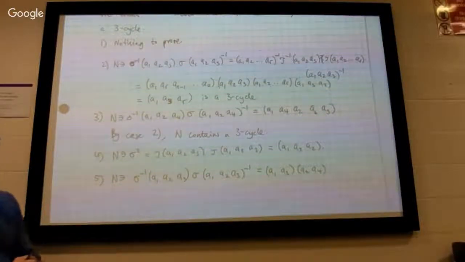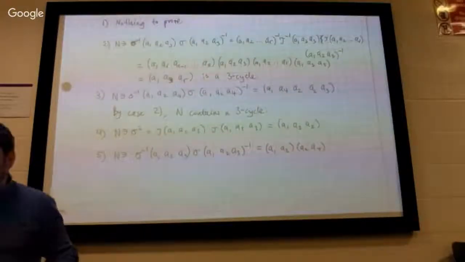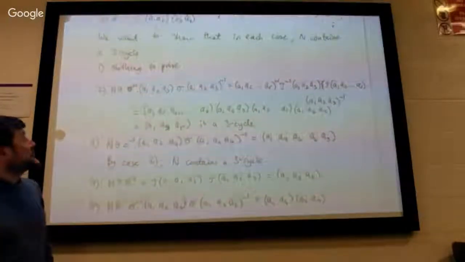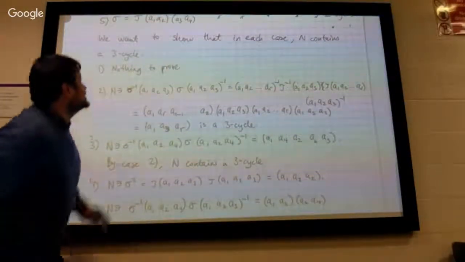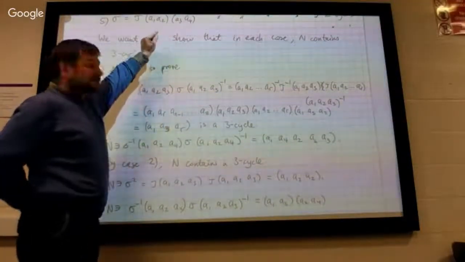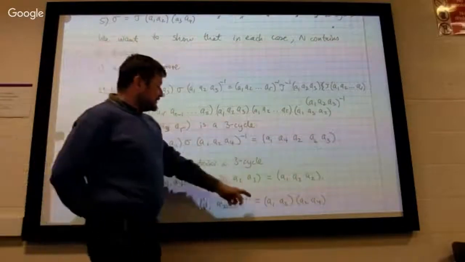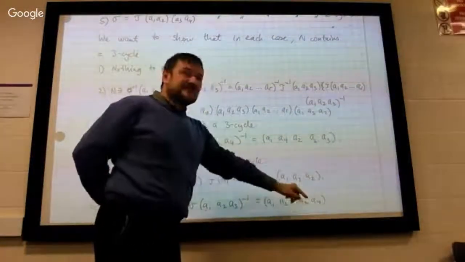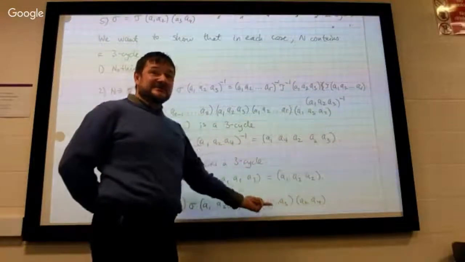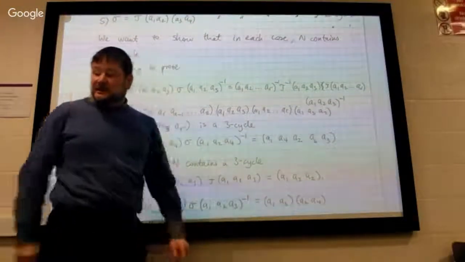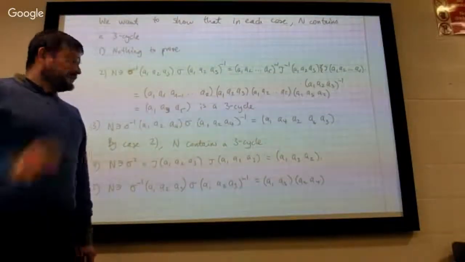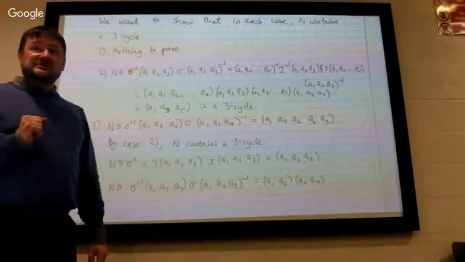Now comes the trick. So we have A1, A2, A3, A4, these elements we know. We have that A1, A3, A2, A4, just the product of these two cycles, is in the group. Now, n is assumed to be at least 5.